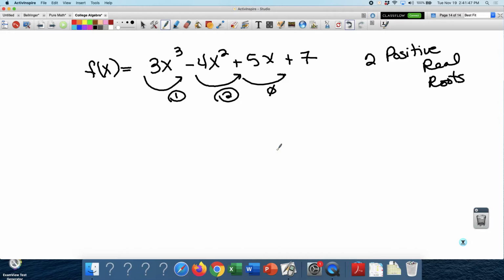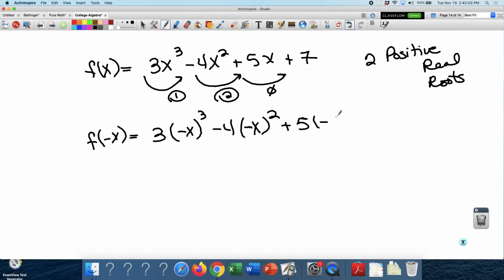Now, there's one thing I've got to go back and teach you that I did not do because I wanted to wait till the end. So when I put this in here as a negative, all right, a negative cube stays negative.